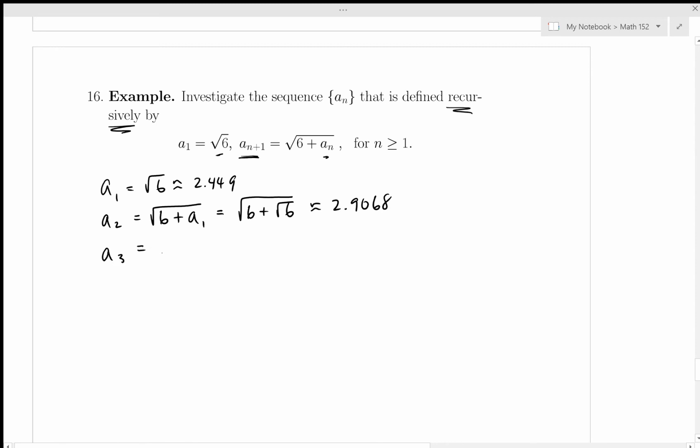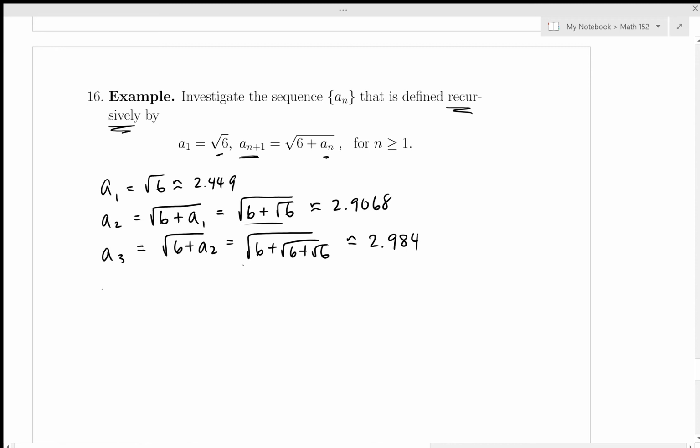Then I go to calculate a3. Well, a3 is the square root of 6 plus a2, and a2 is this guy here. So I have 6 plus a2, which is the square root of 6 plus the square root of 6 plus the square root of 6. You can see what happens, this sort of whole nested thing happening here. The approximate value here is 2.984.